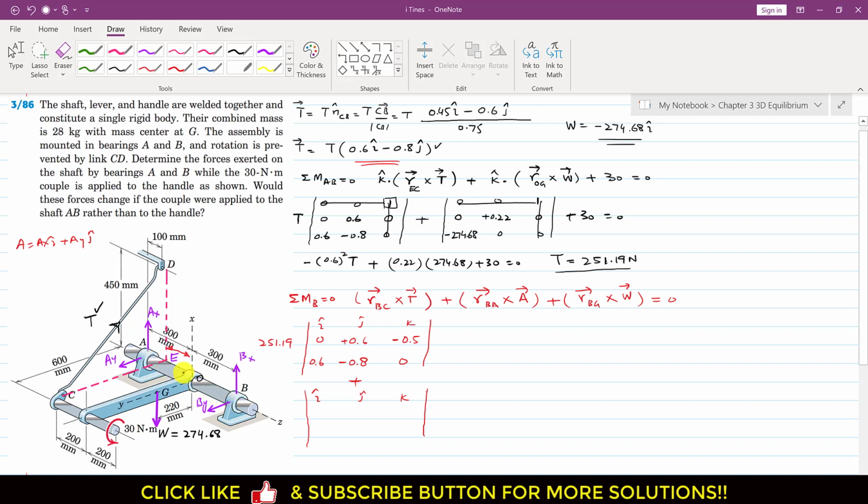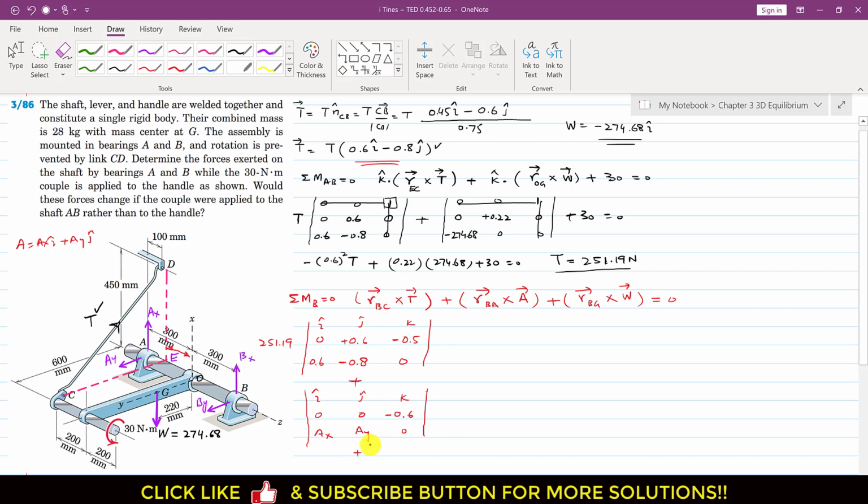From B to A, we need to travel 0.6 meters in the negative z direction, right? So I will write 0.6 minus and 0 and 0, and the A vector is AX, AY, and this is 0.